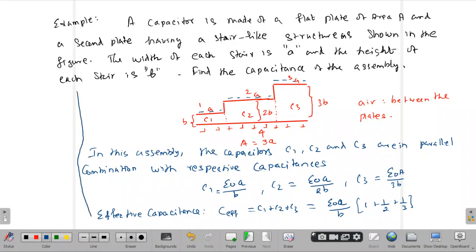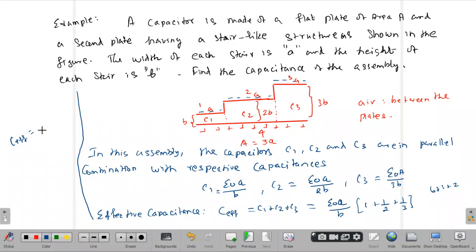I use this space. C effective: 6 plus 3 plus 2, so 11 by 6.